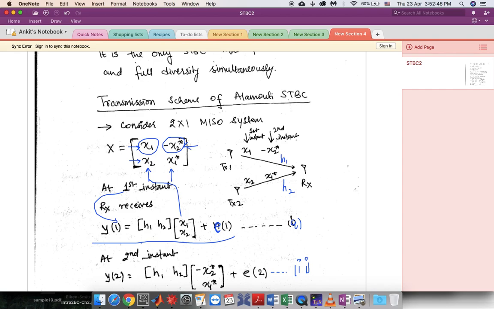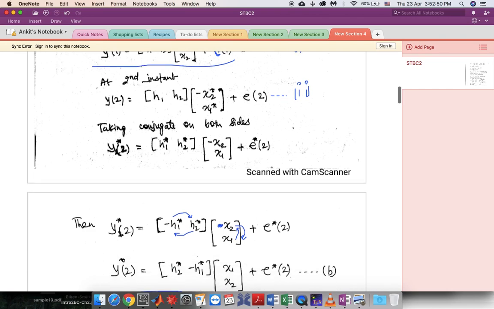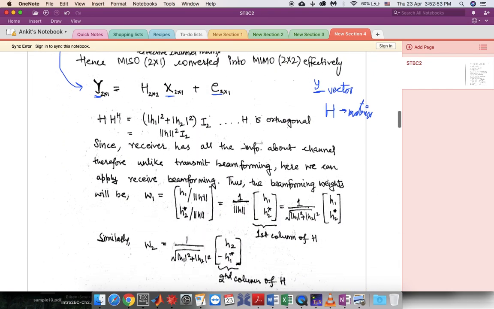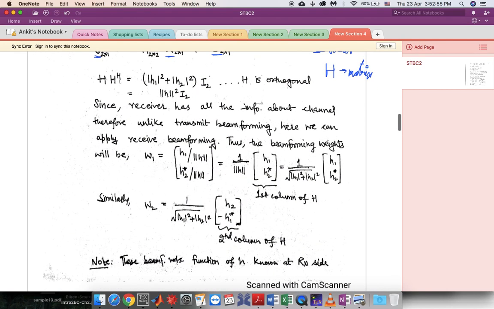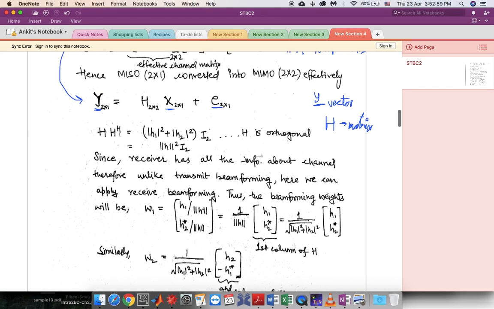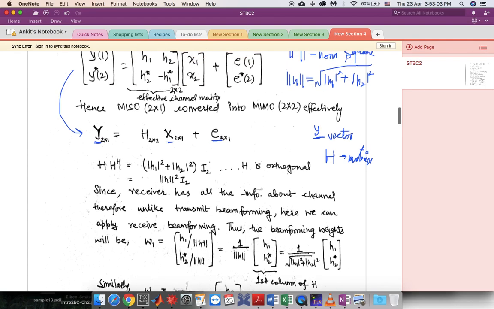We put the beamforming weights at the received signals, which is quite intuitive and quite practical to do. So the beamforming weight w1 is a function of h1 and h2, given in this form: h1 divided by norm of h, h2 conjugate divided by norm of h.